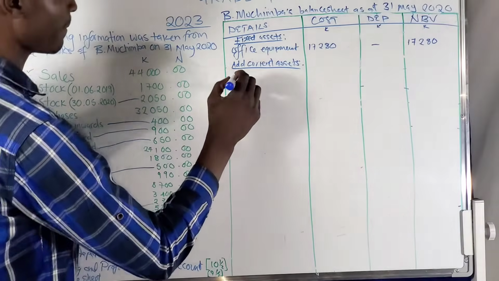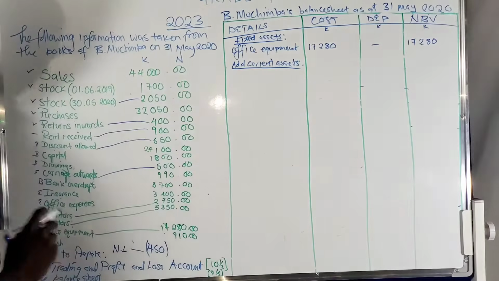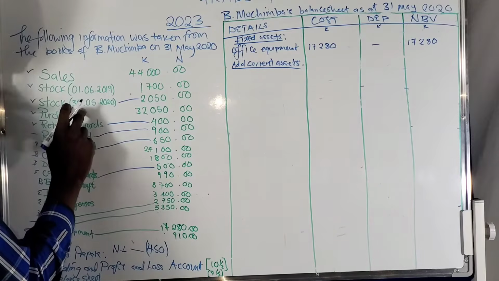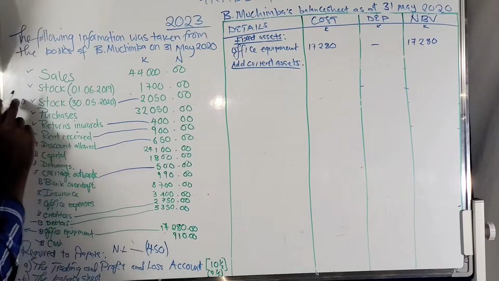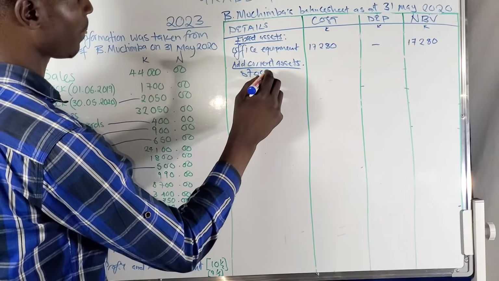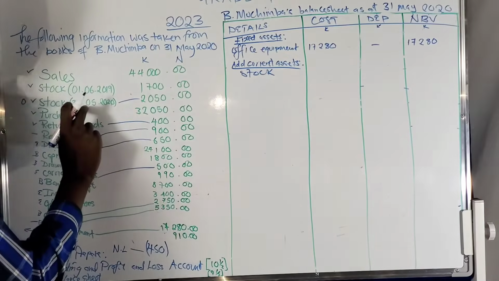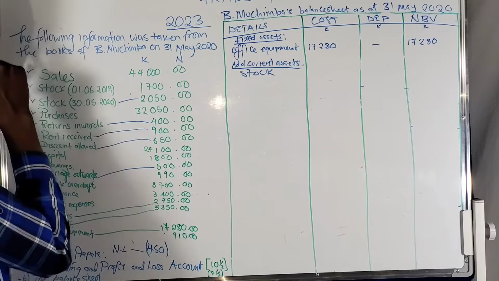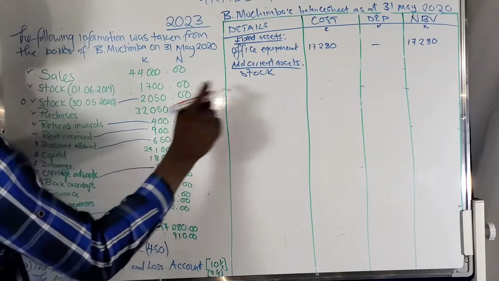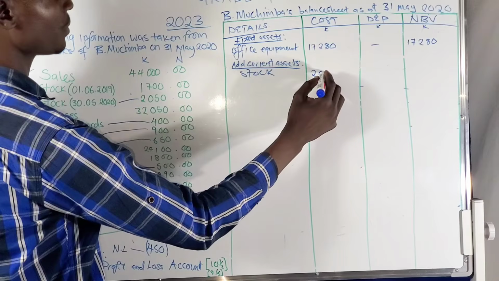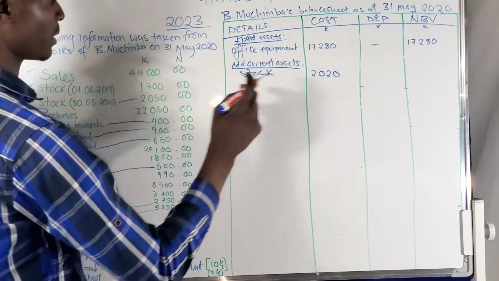So I'm going to say, we have three. That's where closing stock is also included. So I'm going to start with the stock, which is the closing stock. The opening stock is from 2019. Closing stock is 2020. That's the closing stock.